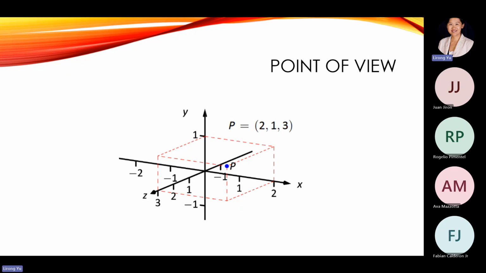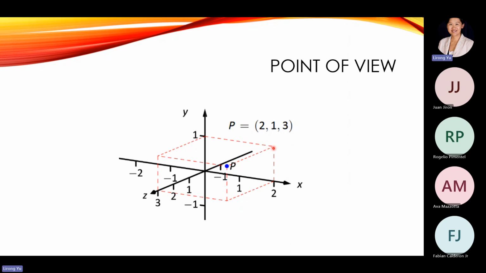In this case, to identify the point 2, 1, 3, you find the 2 on the x-axis and the 1 on the y-axis. Draw a line parallel to the axis, and then a vertical line parallel to the y-axis. We have that point 2, 1, 0.